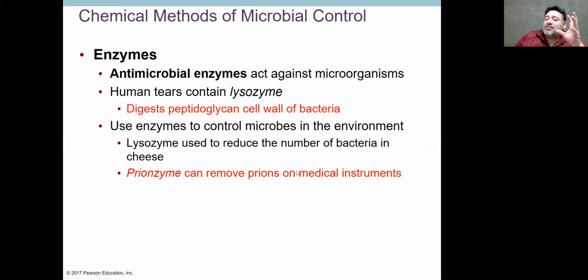So just about the time that we're losing hope, cue in enzymes. Beautiful. So now we have a prionzyme that can break down prions on medical instruments. And now, as you know, we're trying to do clinical studies for people as well. But this is something that we cannot destroy because a prion is not even an organism. It's a misfolded protein.